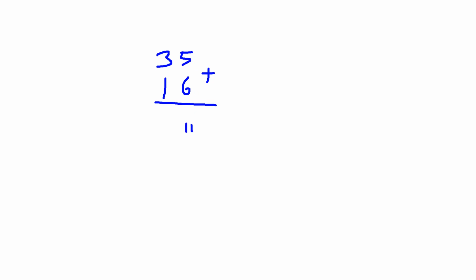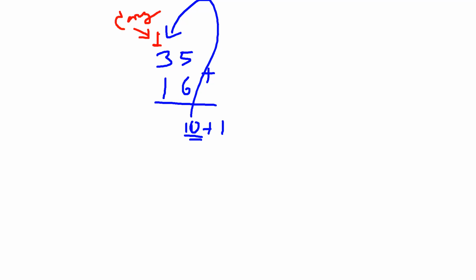It's 11, right? But you can look at this as 10 plus 1, and you move this 10 to the next digit, where it becomes 1. You call it a carry, carry in.